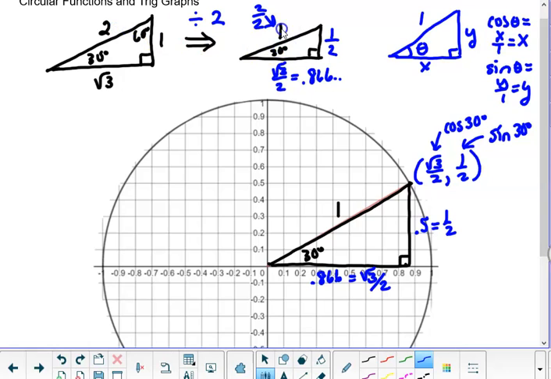If I looked at the triangle that has a hypotenuse of 1, because the radius of the circle is 1, it's the same thing. Cosine of 30 is just going to be the x-coordinate, and sine of 30 is going to be the y-coordinate of the point at the corner of the triangle.